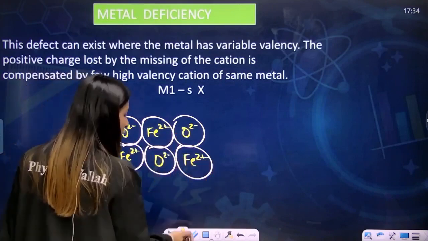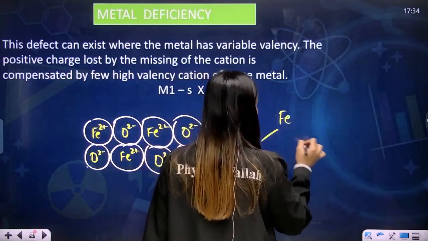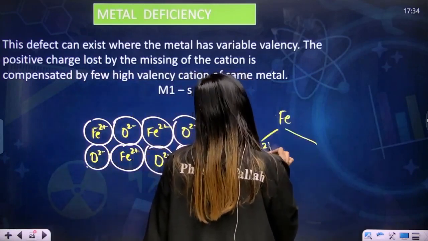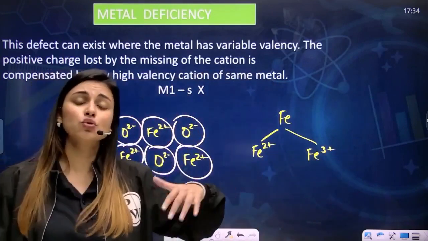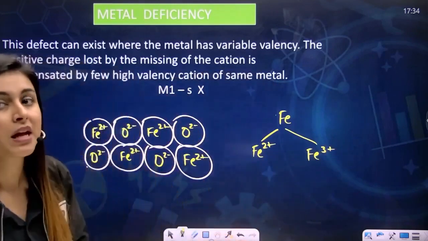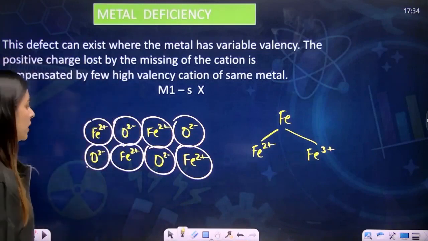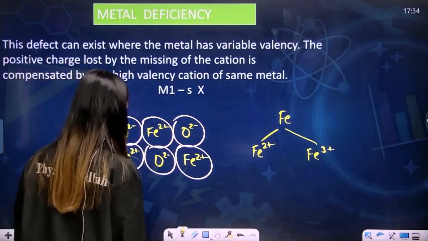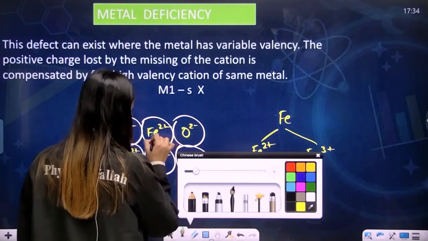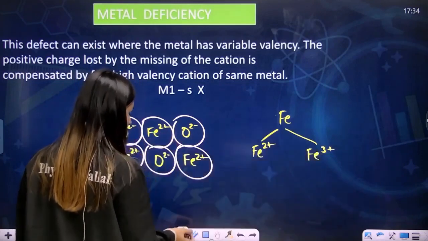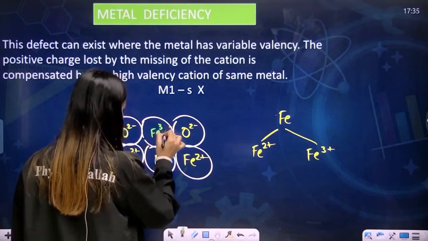plus. Okay, so now my dear students, I know that Fe has a tendency to show two different oxidation states. It can be present as Fe2 plus or it can be present as Fe3 plus. So it has a tendency to show variable oxidation states. Okay, so now let's try and understand what if I change this Fe2 plus to Fe3 plus, right?